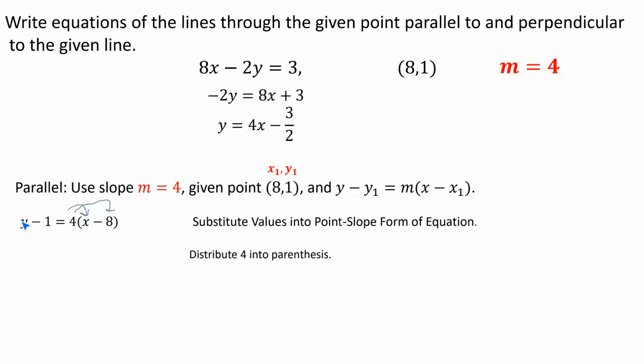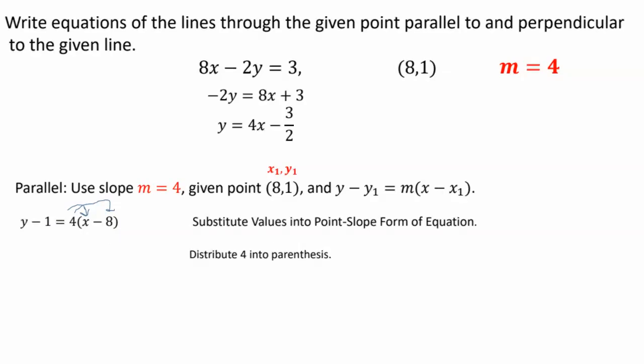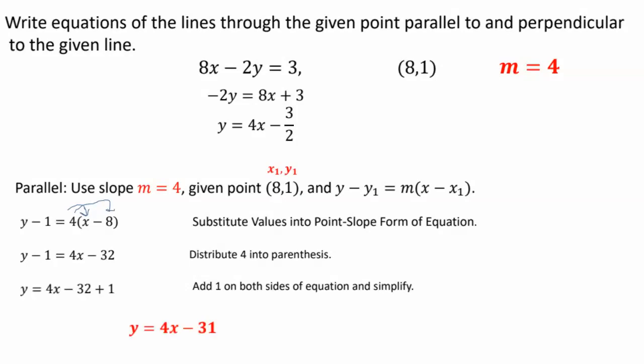And so I have y minus y1. y1 is 1. And then my slope is 4. x1 is 8. So we're going to solve for y. So I'm going to distribute 4 into the parentheses. And so that's going to give me y minus 1 equals 4x minus 32. And then I'm going to add 1 on both sides so that I can finish simplifying.